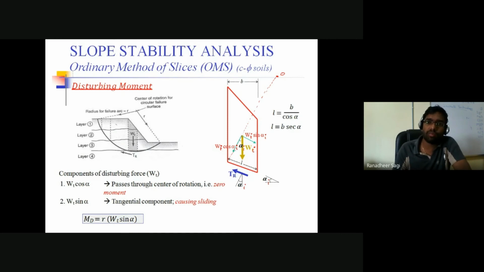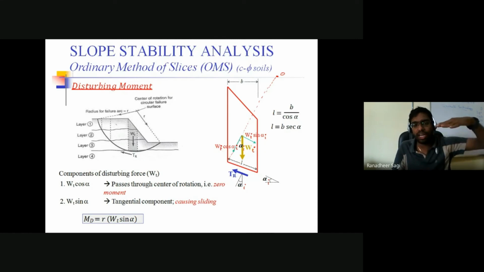So this normal component will not induce any kind of rotation. The normal force component of the weight is not going to be responsible for causing any rotation in the soil, because the line of action of that normal force component coincides with the center. Then what force component is responsible for causing the driving along the failure surface? It's the weight component which is tangential to the failure surface.